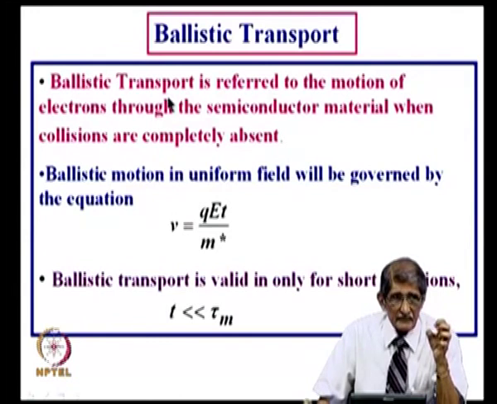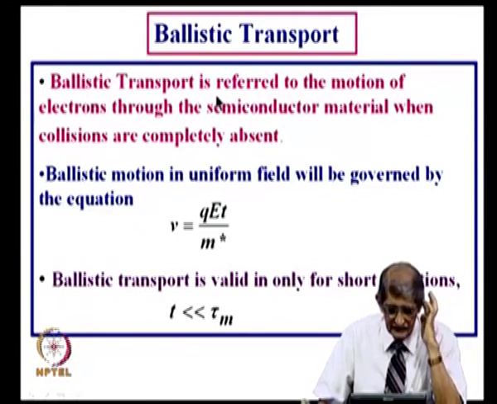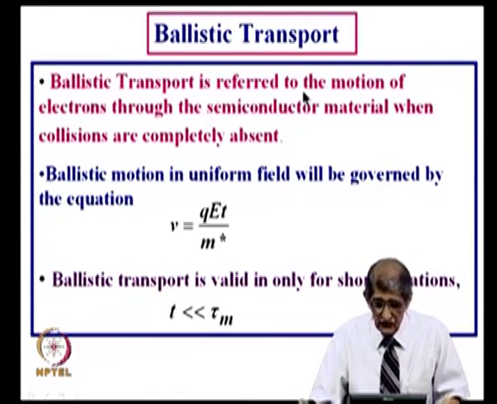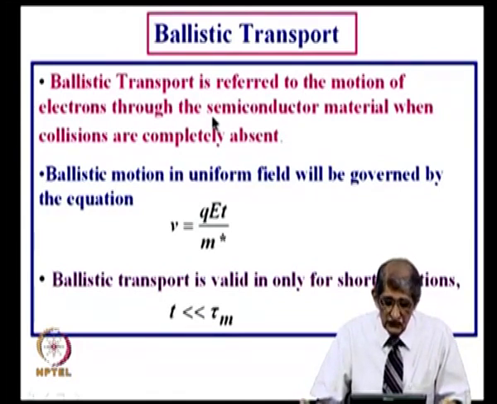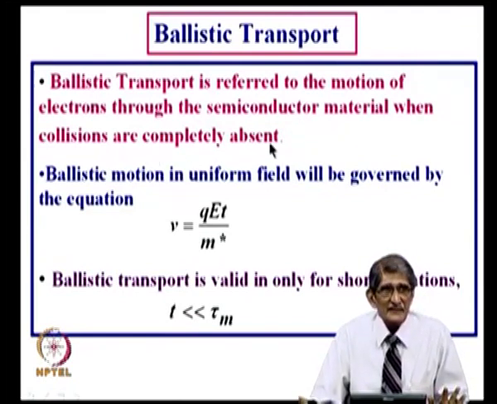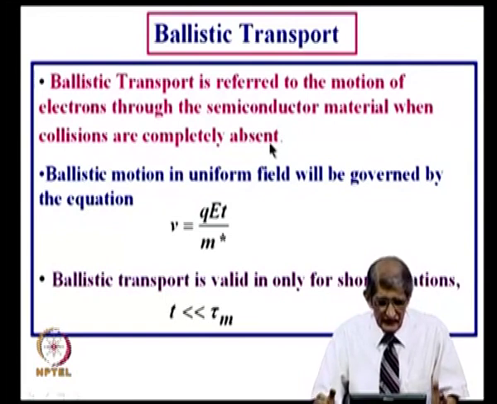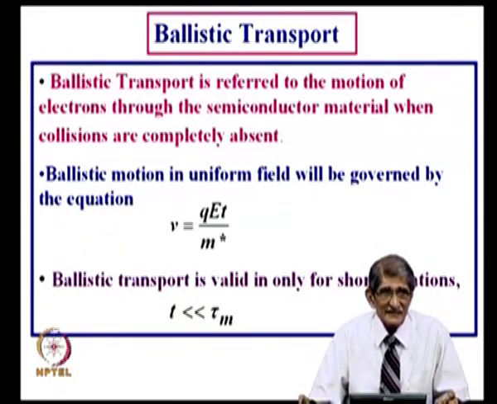Normally, when the electrons get accelerated, they get scattered, okay, due to collisions with lattice atoms or impurity ions, whatever be the thing, scattering centers. Now, ballistic transport refers to the motion of electrons through the semiconductor material when collisions are completely absent. When will the collisions be absent? If the collision centers are far away.